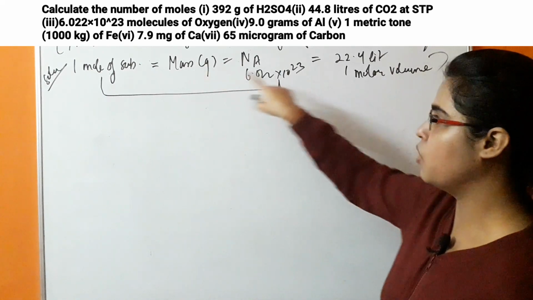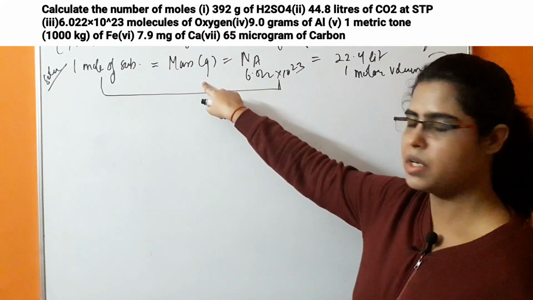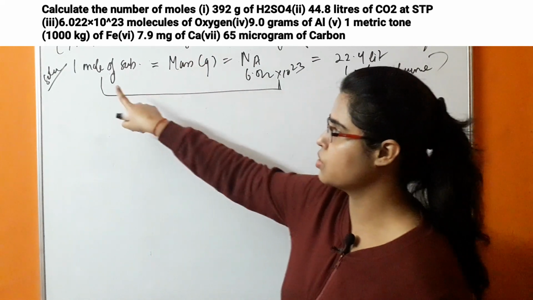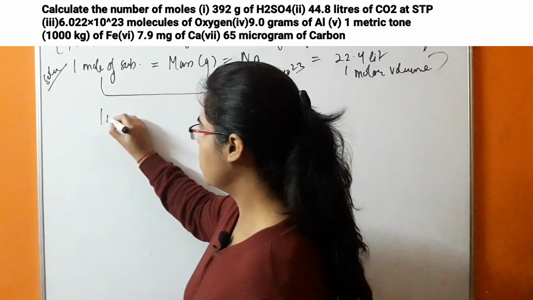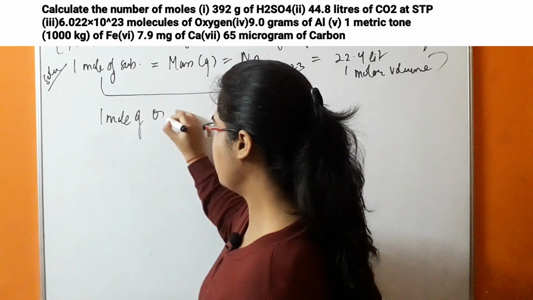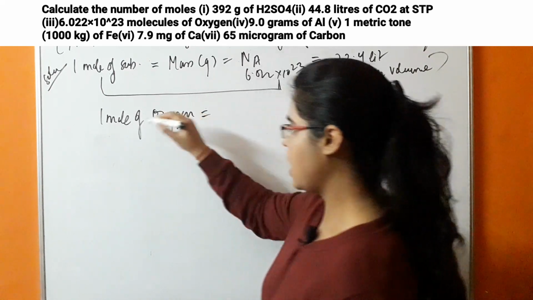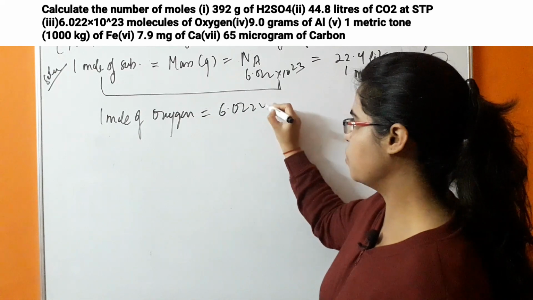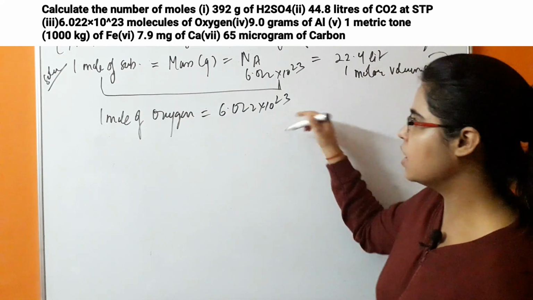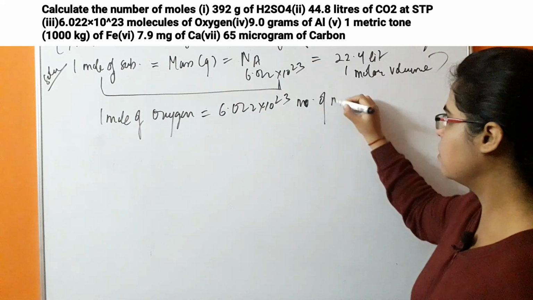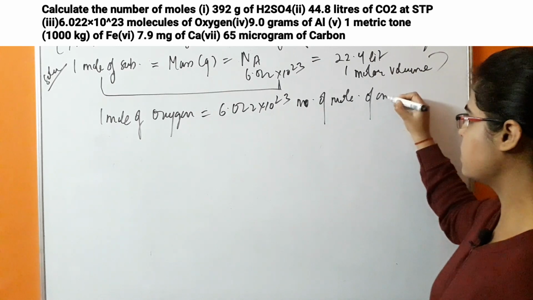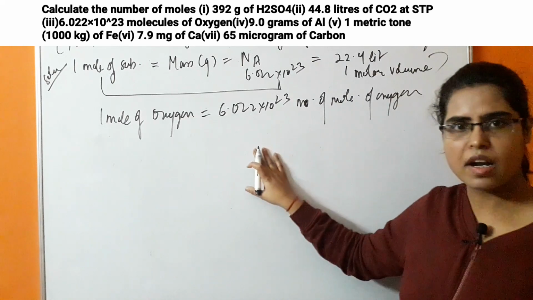Other quantities will not be used; there is no requirement of other quantities. 1 mole of oxygen has 6.022 into 10 to the power 23 molecules of oxygen. So this is the standard relationship.